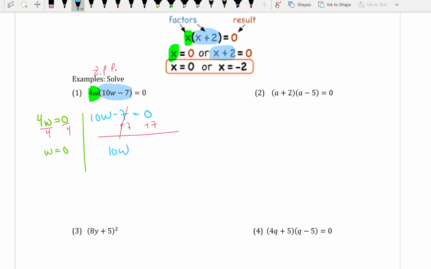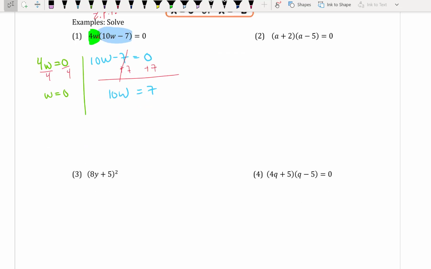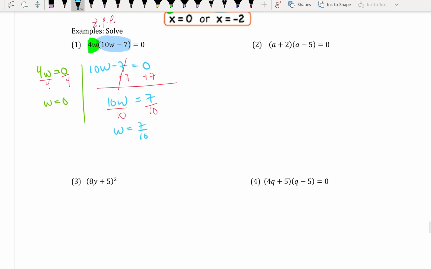Now you'll get that 10w is equal to a positive 7. To get the w by itself, since it's attached by multiplication, the opposite is going to be division. So you divide by 10, and you're going to get that w is equal to 7 over 10. So you have w is equal to 0, and w is equal to 7/10 as your two answers.